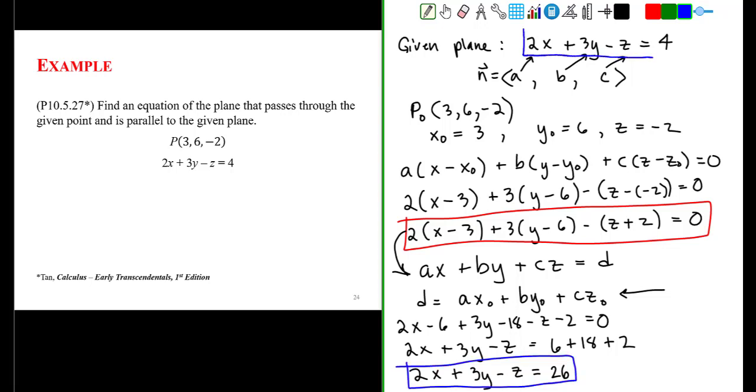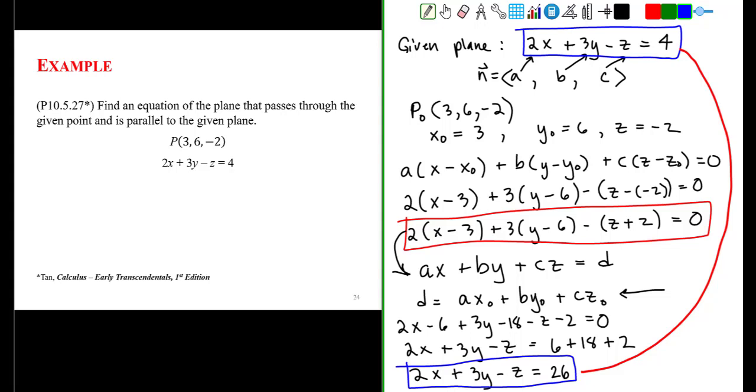Notice these two equations, the one with the plane that we were given and the other with the plane that we generated. Notice how those two planes have the same expression for the normal vector. The normal vector for each of these planes has the same components: x component being 2, y component being 3, z component being minus 1.